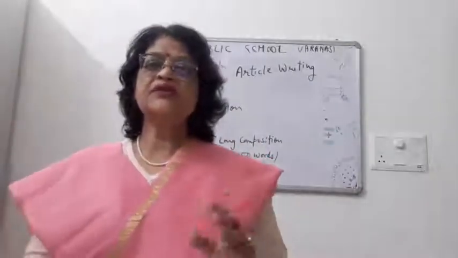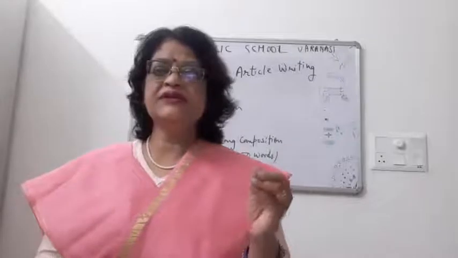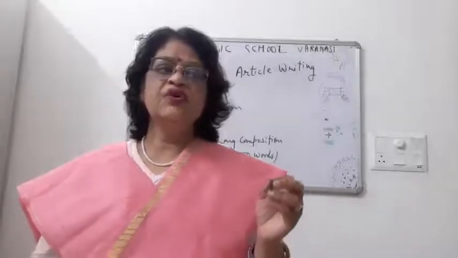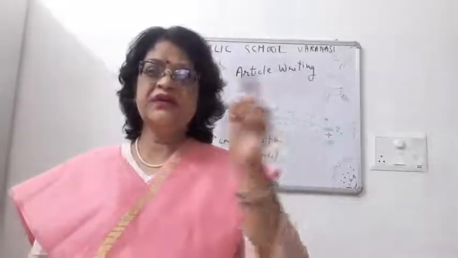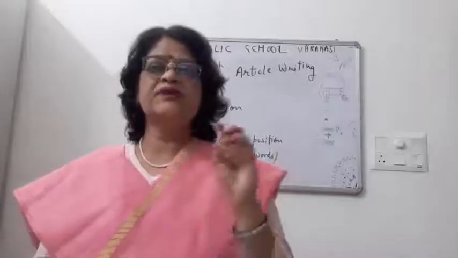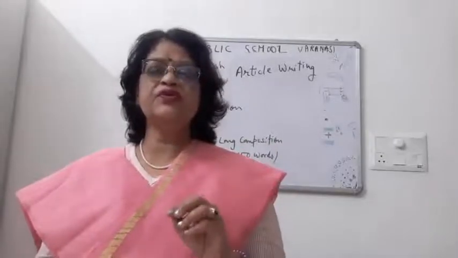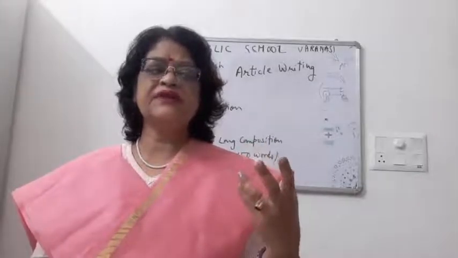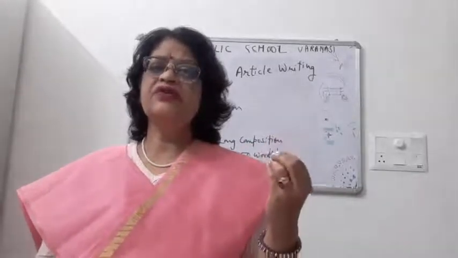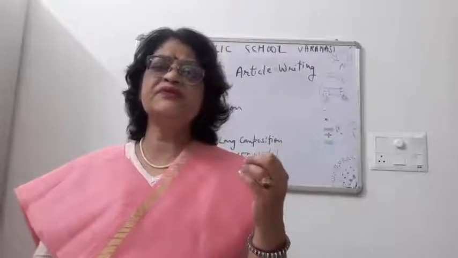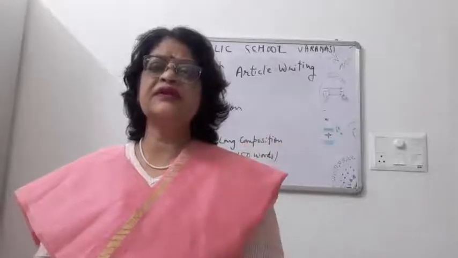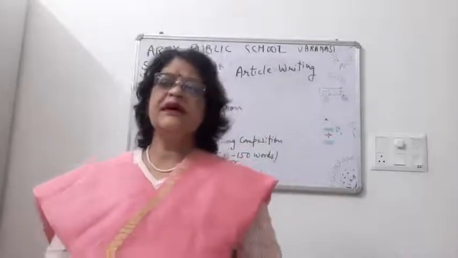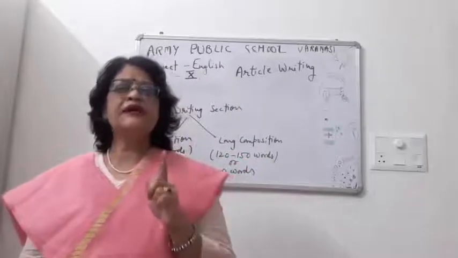And sometimes, children, hints are given in an input box, and you have to take help from the hints. But not only 50% from the hints; 50% your own ideas should be there.